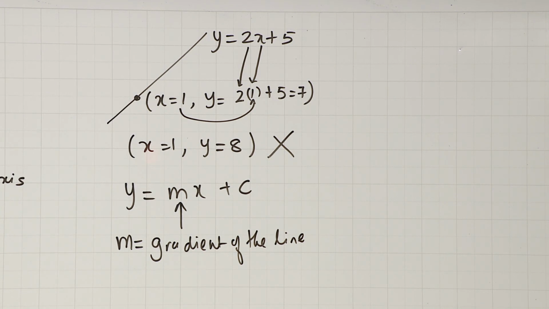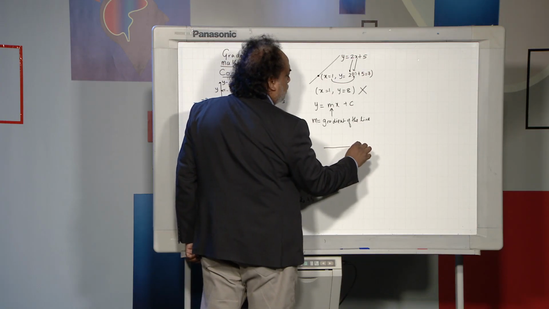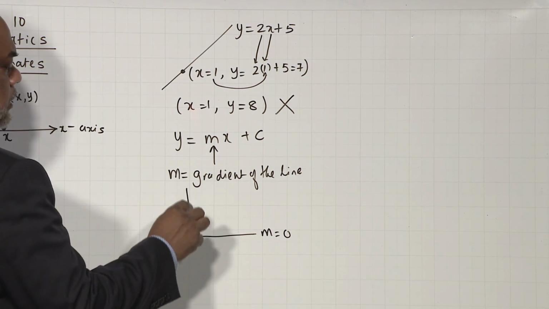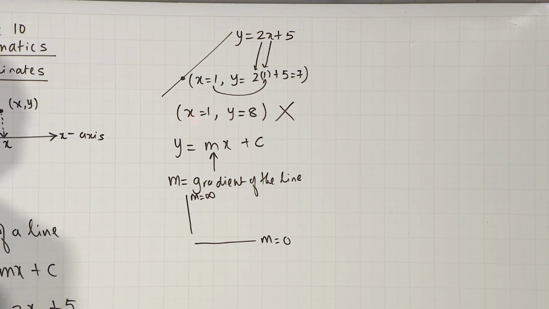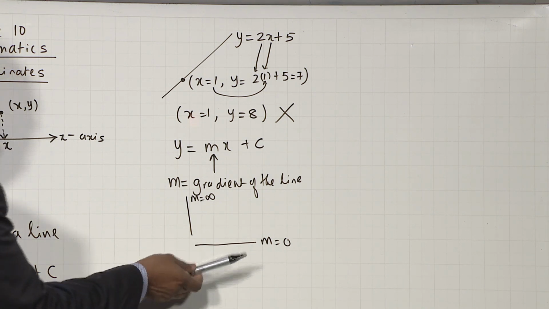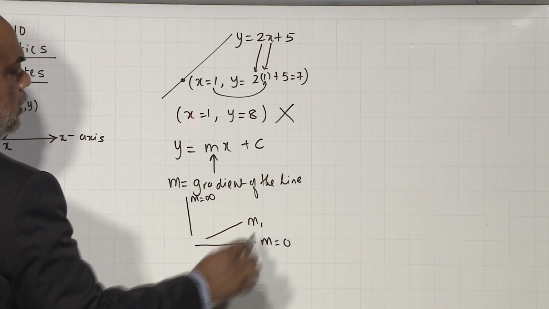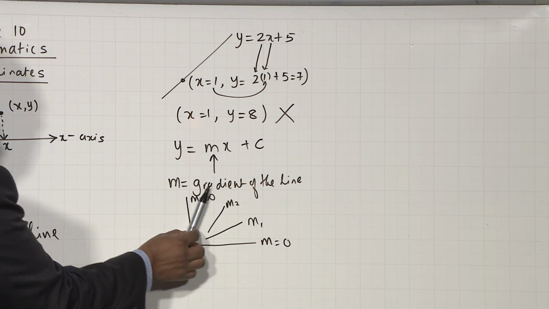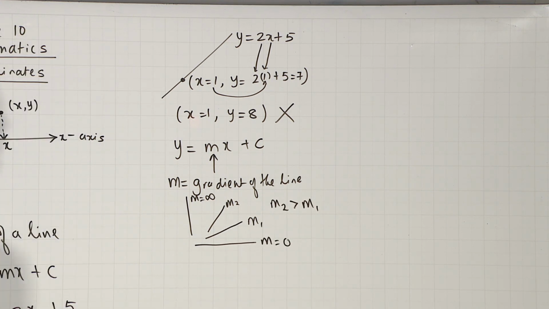It's a measure of the inclination. A horizontal line will have gradient 0. A vertical line will have gradient infinite. If I increase the inclination, M1, M2, as I increase the inclination, the gradient increases. All right?